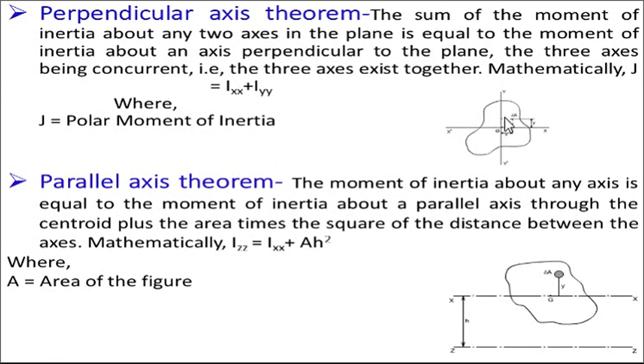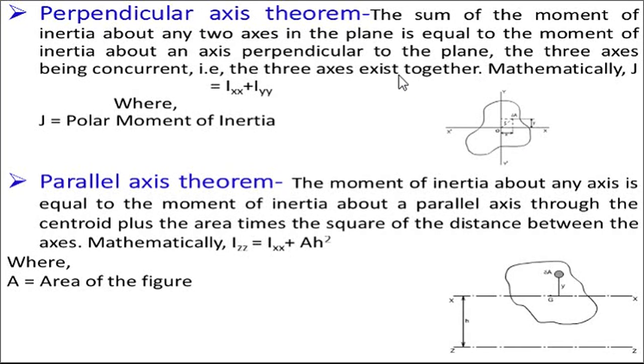So this is a plane, that's why you have seen these two axes, and the third axis which is zz axis, which is perpendicular to this plane, and the moment of inertia of that perpendicular axis, or you can say the longitudinal axis, is equal to the sum of moment of inertia about this x and y axis.